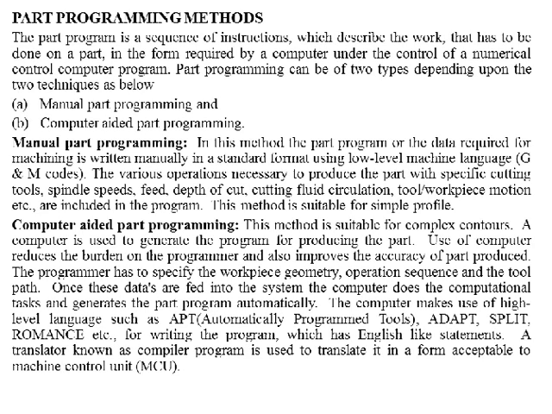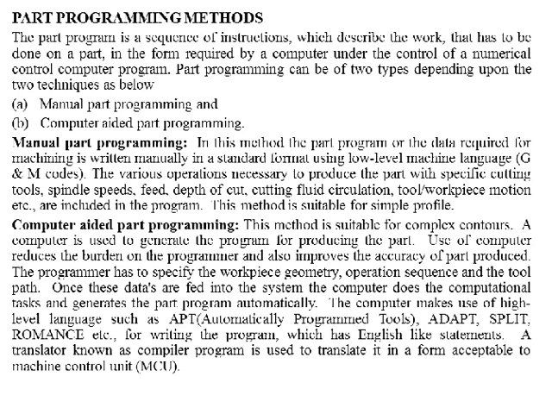It may include the cutting speed, feed, depth of cut, cutting fluid circulation, workpiece motion, tool motion, etc. Manual part programming is suitable for simple profiles. So we can adopt the technique of writing a manual part program only when the profile is a simple one.